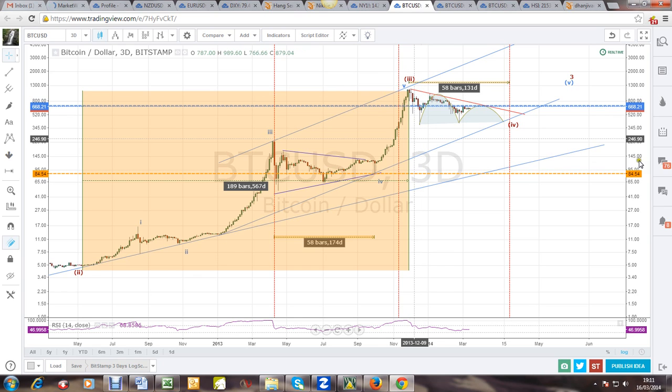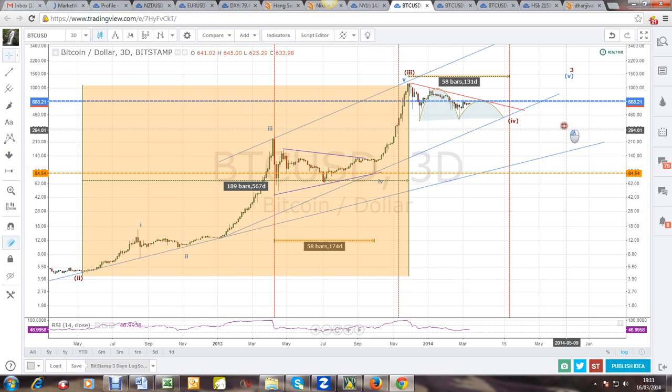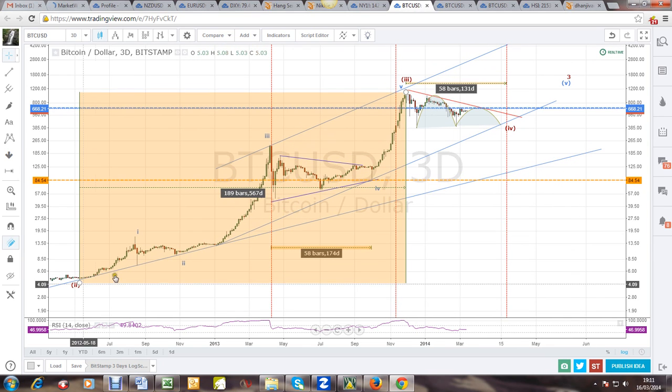Okay, so that in fact didn't happen, right? And you can see that if it took nearly 189 bars, you could not expect that to be over within here, because proportionately it doesn't look right. If you have a big boom, you have at least a proportionate bust, and this is not going to be over. If nearly 200 bars, not going to be over within 5 or 10 bars.